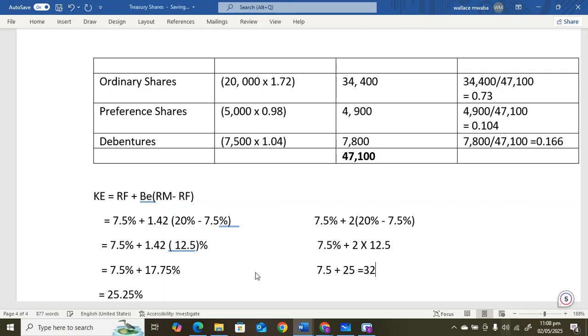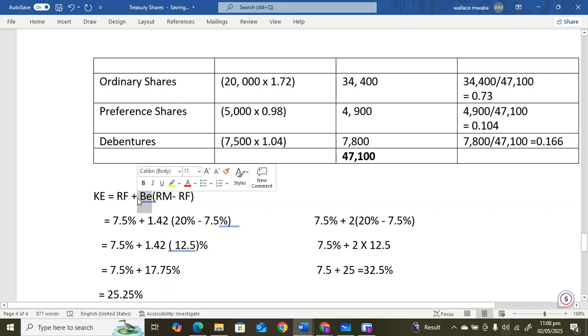You see? As the risk increases, basically this equity beta, the higher the equity beta, the higher the risk, the higher the returns that you're going to expect. Any questions?